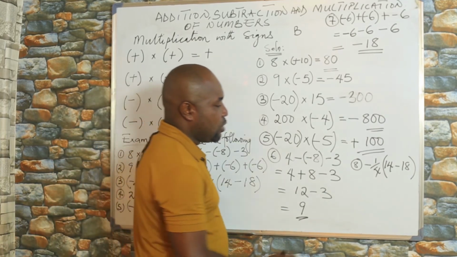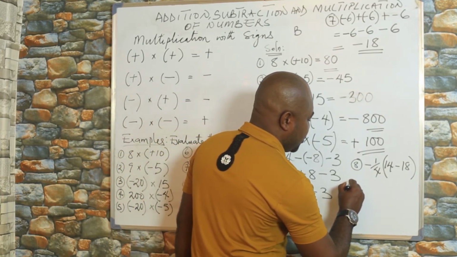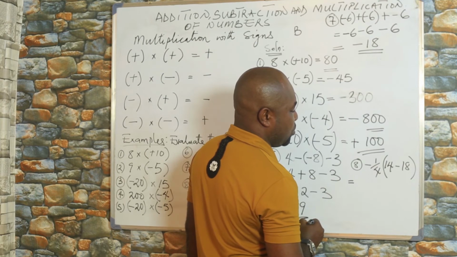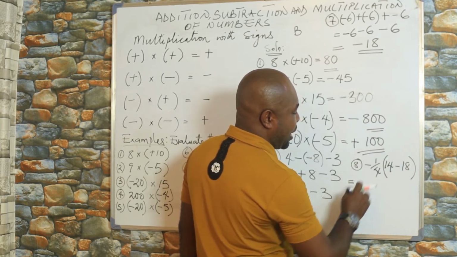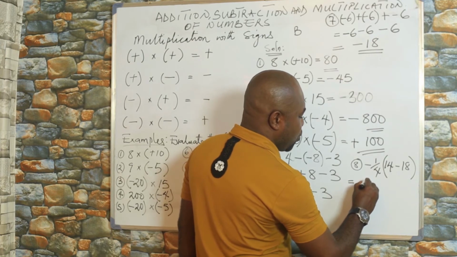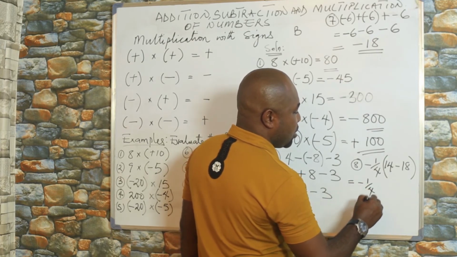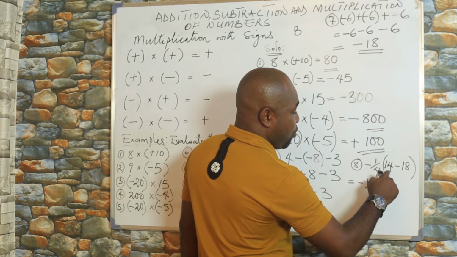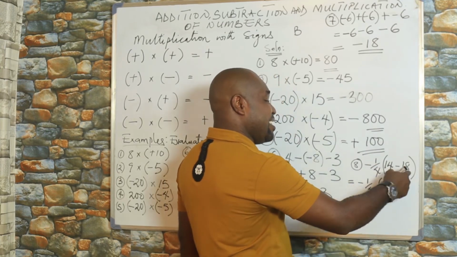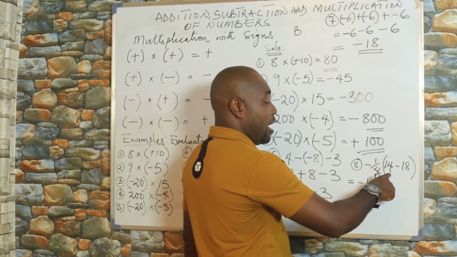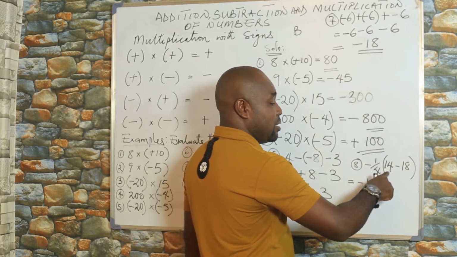Now, let us solve. Solution. This will be equal to. Let's simplify what we have in the bracket first. This is minus 1 over 4 into 14 minus 18. You know that 18 is greater than 14.